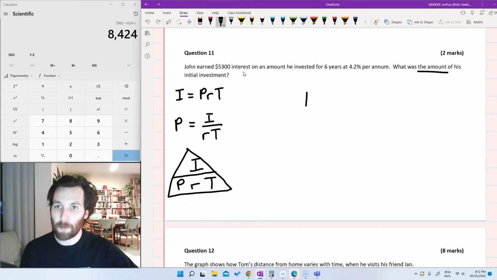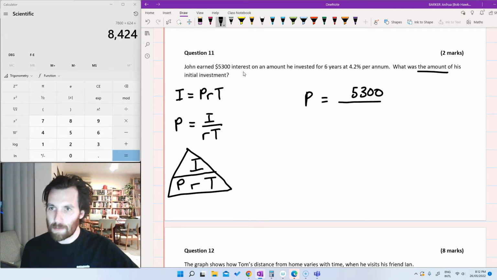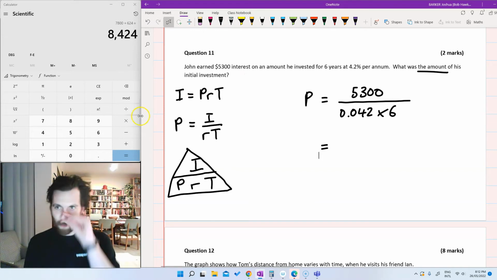Anyway, so the principal is going to be given by the interest earned, which is 5,300, divided by the interest rate, so 4.2 divided by 100, 0.042, and multiplying that by 6 for the 6 years. This is where you've got to be a little bit careful with brackets as well.